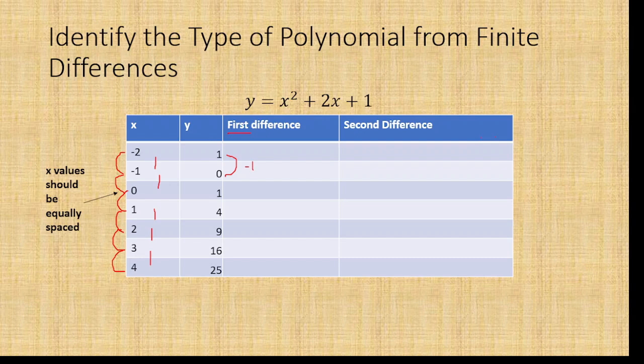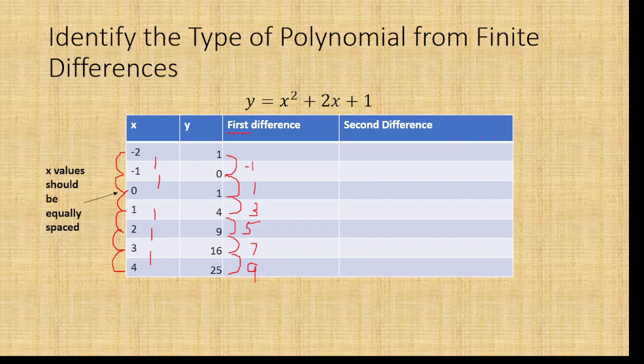Then if we subtract 0 from 1, that is 1 minus 0, this comes out to be 1. 4 minus 1 comes out to be 3. 9 minus 4 comes out to be 5. 16 minus 9 comes out to be 7. And 25 minus 16 comes out to be 9.